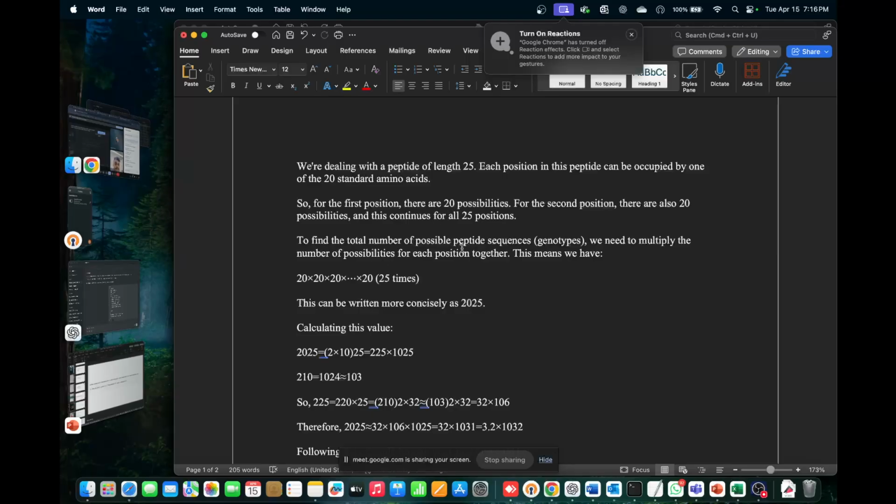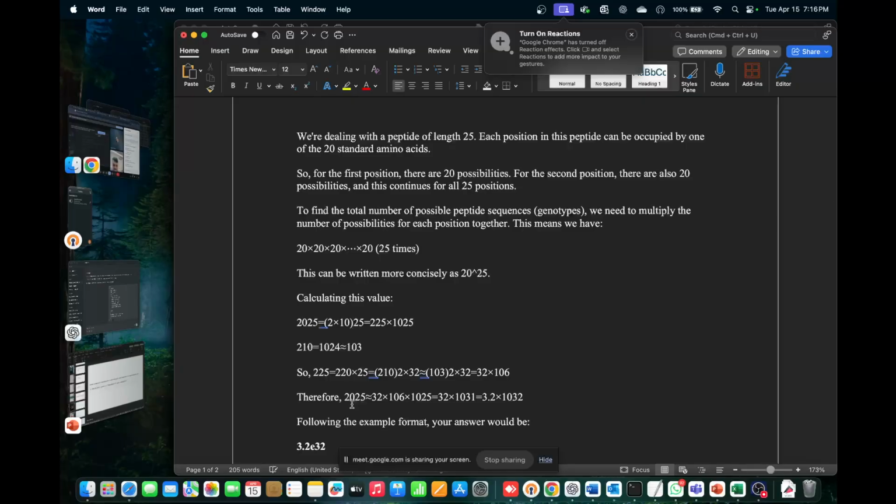So for the total number of possible peptide sequences, which in this case are the genotypes, we need to multiply the total number of possibilities for each position together. That is how you get 20 to the power 25. So this should be 20 to the power 25 like this. If you calculate this, you can break down this 20 as 2 into 10, right, to the power 25.